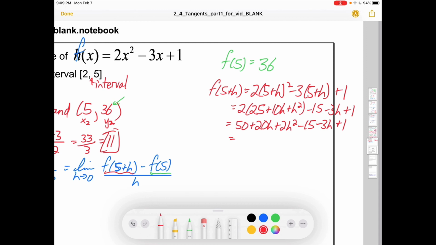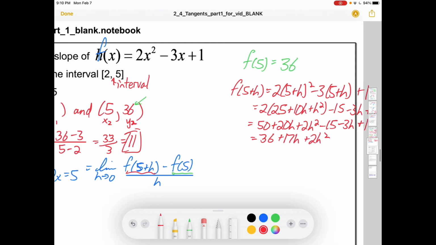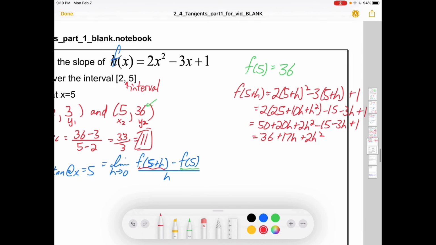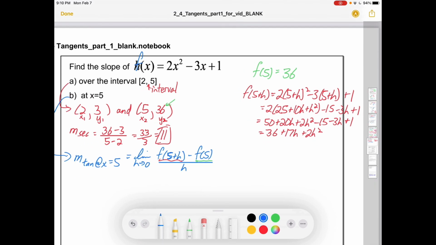Let's put some terms together. We'll get 36 plus 17h plus 2h squared. Yeesh. That was a fair bit of work. But the rest of it after here becomes plug and chug.